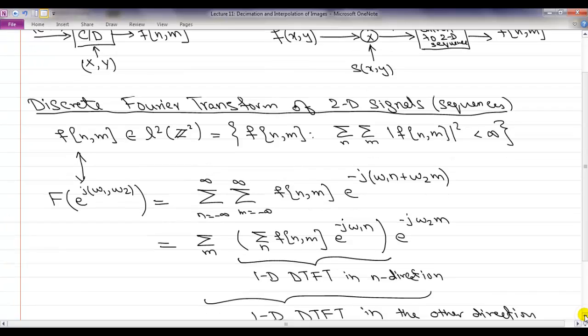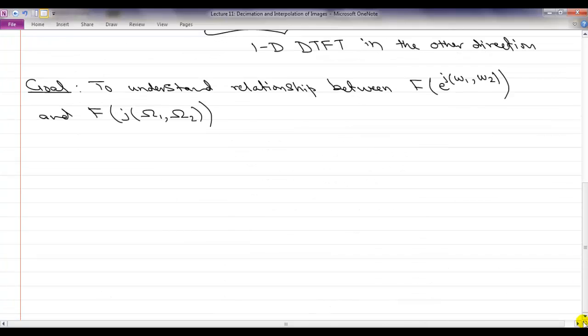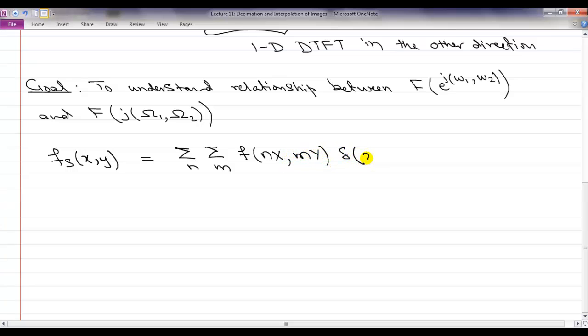So to do that, let's write down. What does the Fourier transform of f_s, j omega 1, omega 2 look like? If you remember our f_s(x,y), because of the definition, that is simply given by summation of n, summation of m, f of (nX, mY), delta of (x minus nX), delta of (y minus mY).